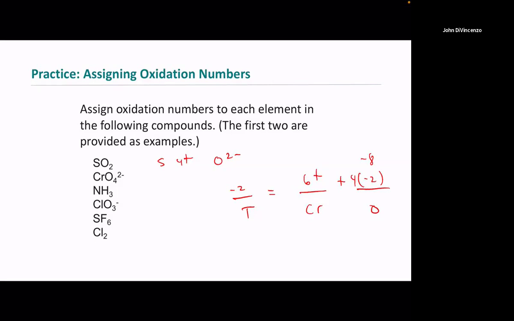All right, what are the charges on the nitrogen and hydrogen there? Yeah, nitrogen, hydrogen is always +1 except for when bound to a metal. So it's going to be +1 for hydrogen.